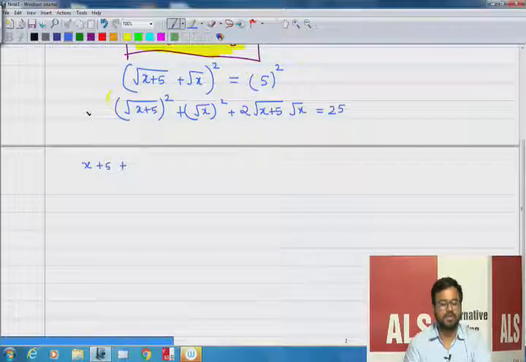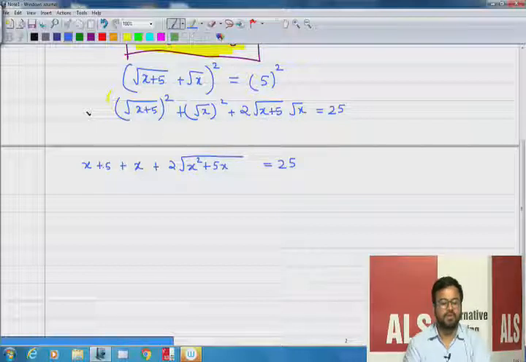Root x whole square will become only x, plus twice of root, and these two values get multiplied inside the root. So x plus 5 into x, that is x square plus 5x, is equal to 25.